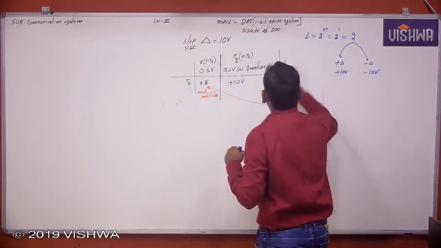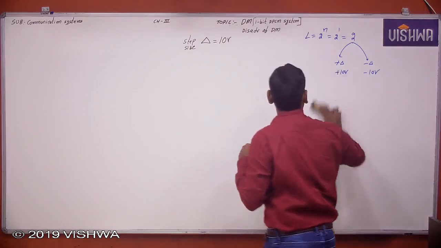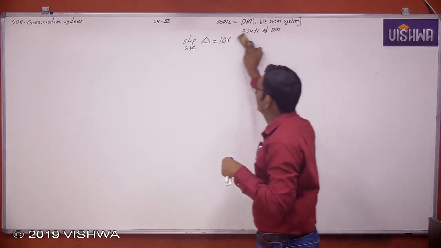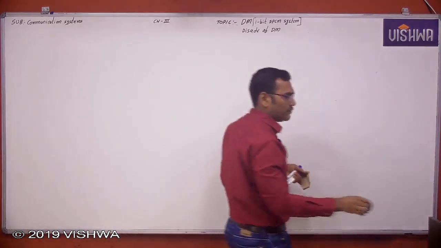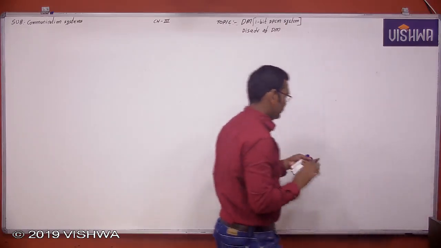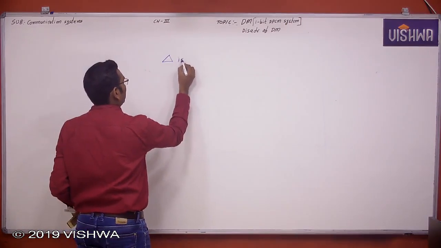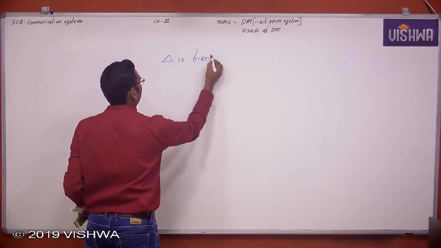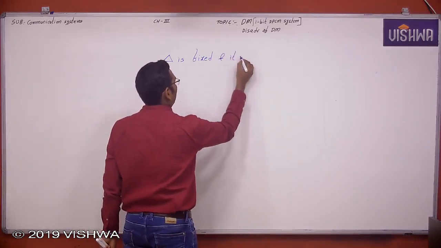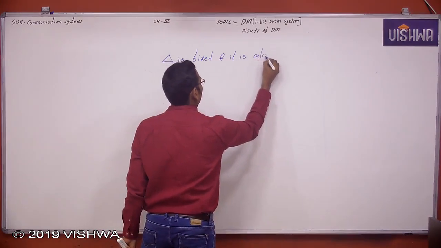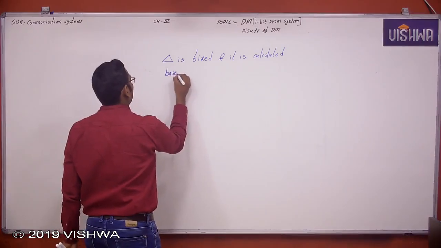Now you tell me, this step size, whatever we have been using so far, in PCM, DPCM, delta modulation, this step size is a fixed value.